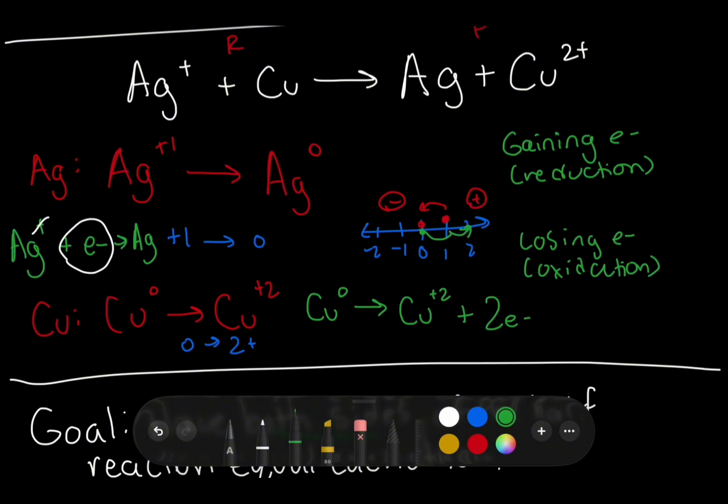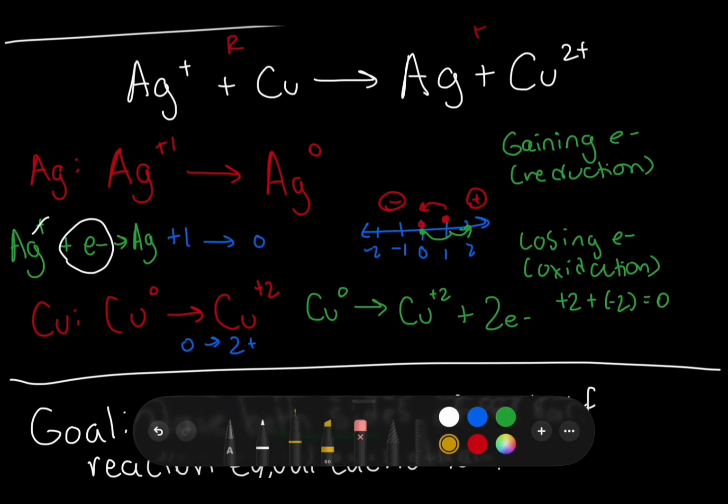The reason why we're adding 2 electrons specifically is because it's going to cancel out the +2. So think of it as +2 plus a -2, it's going to equal 0.